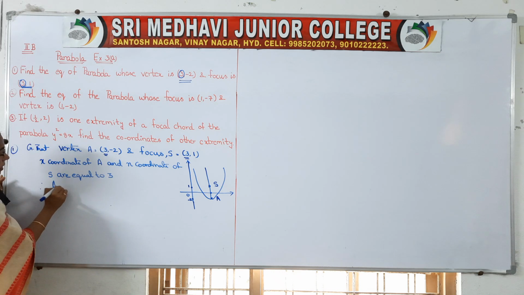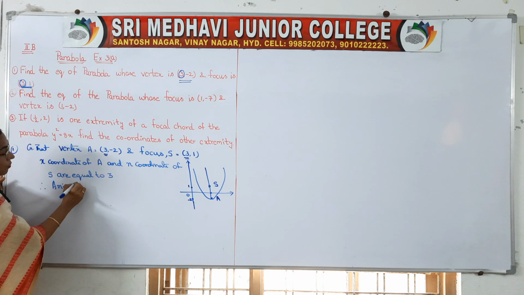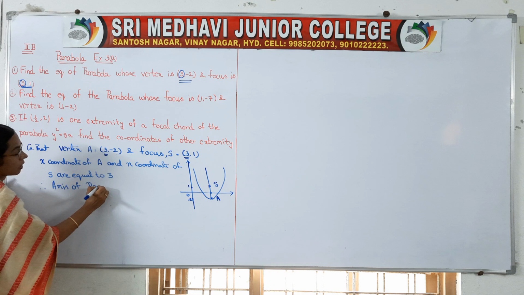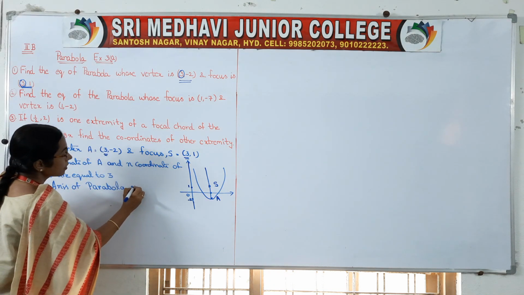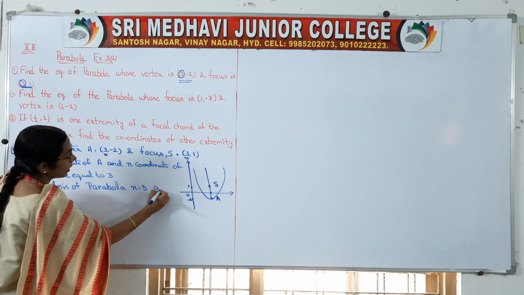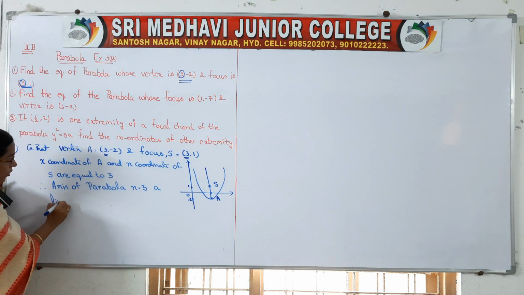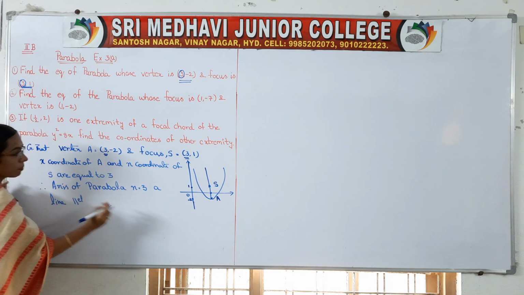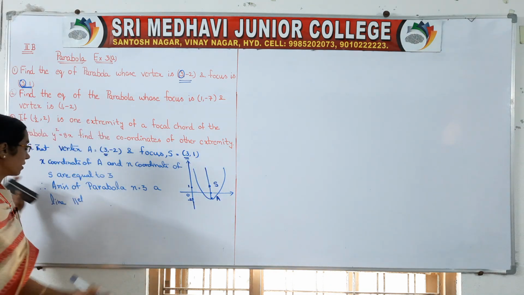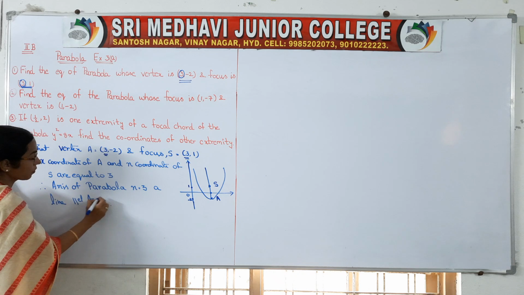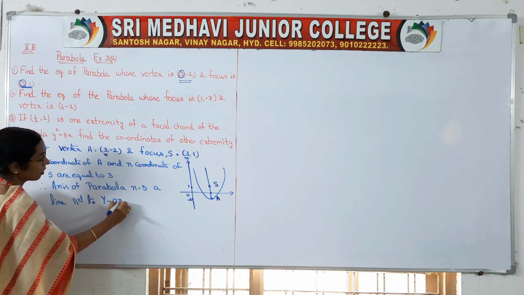Therefore, what is the axis of the parabola? X is equal to 3, a line parallel to, see, a line parallel to the y axis.